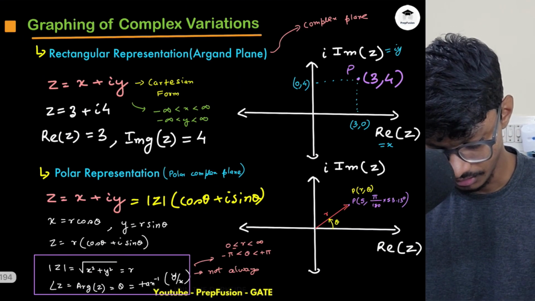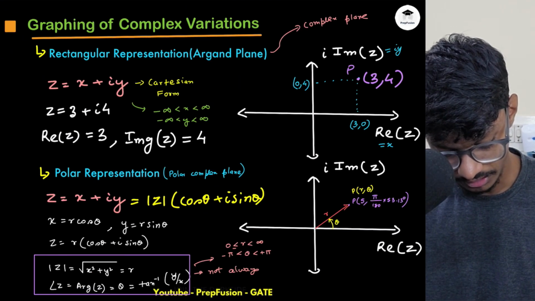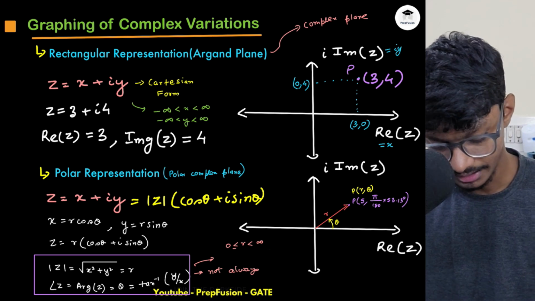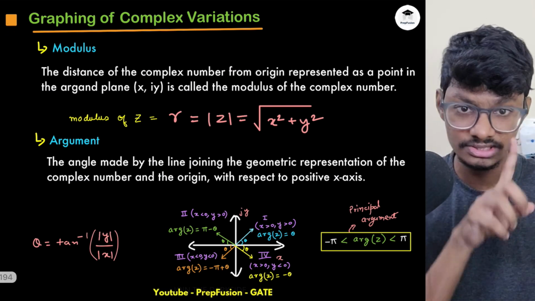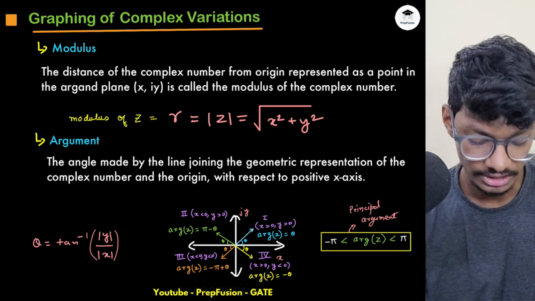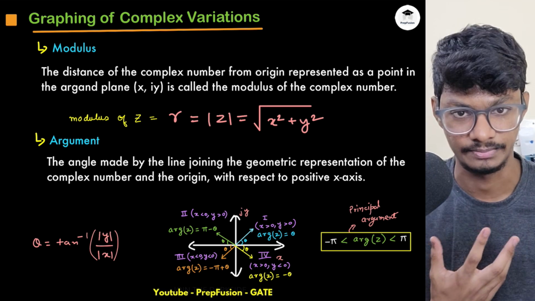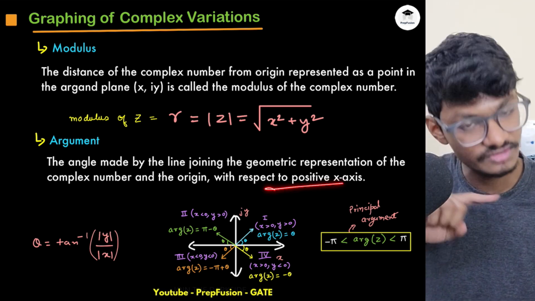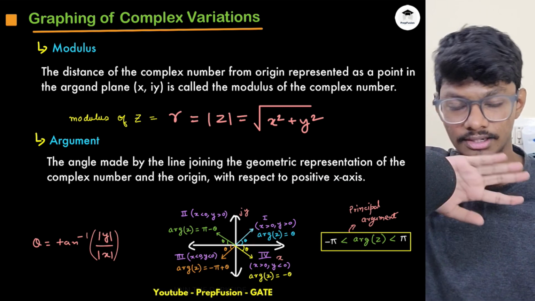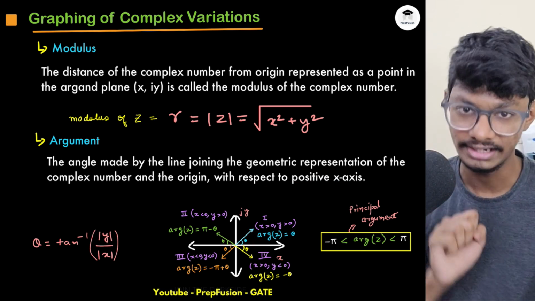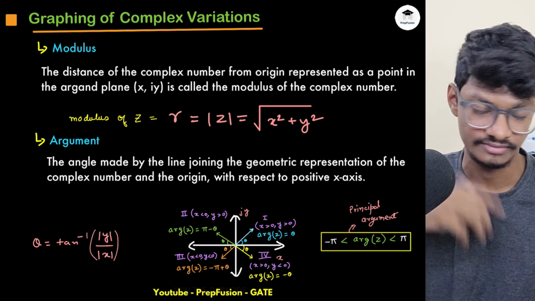Theta can vary anywhere, and r goes from 0 to infinity. But principal means I am rotating only once, so that should be from minus pi to pi. So what does minus represent? I am rotating about the positive x-axis. If I rotate in the anti-clockwise direction, we assume anti-clockwise as positive. I have told this many times.